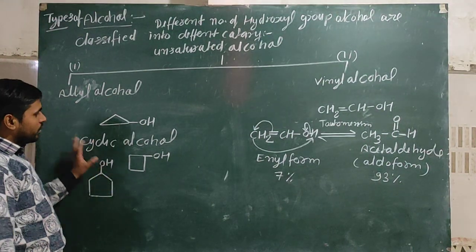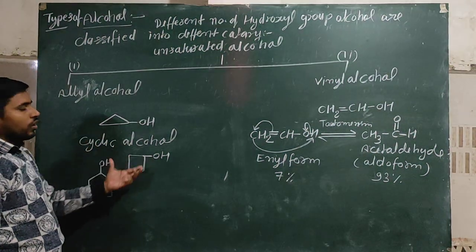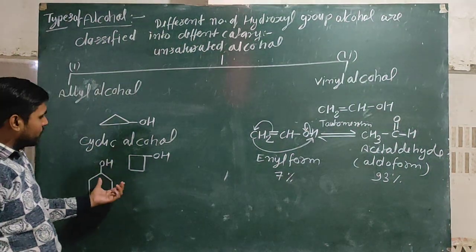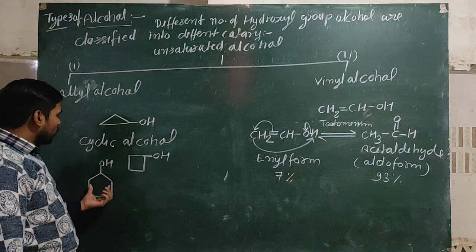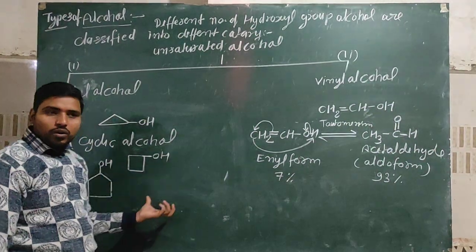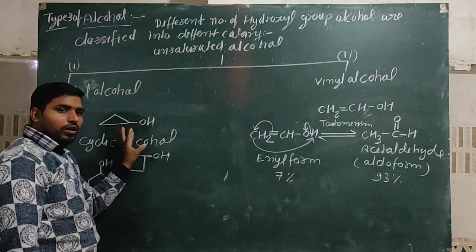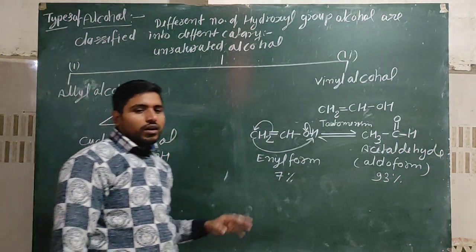So there are different types of cyclic alcohol present, in which cyclopropyl, cyclobutyl, cyclopentyl, cyclohexyl, cyclooctyl, cyclononyl etc. groups are directly bonded with alcohol to form cyclic alcohol.